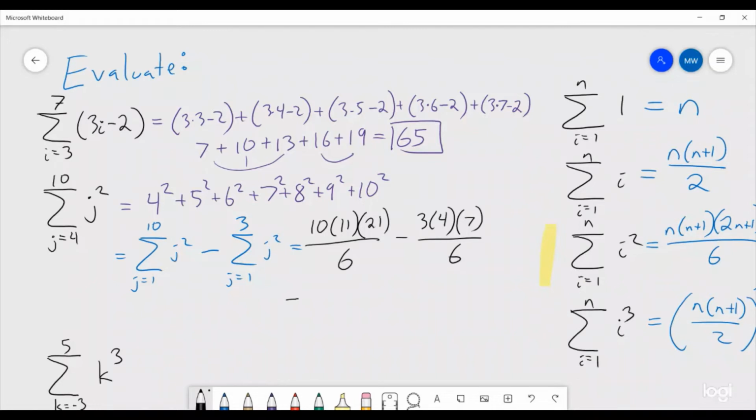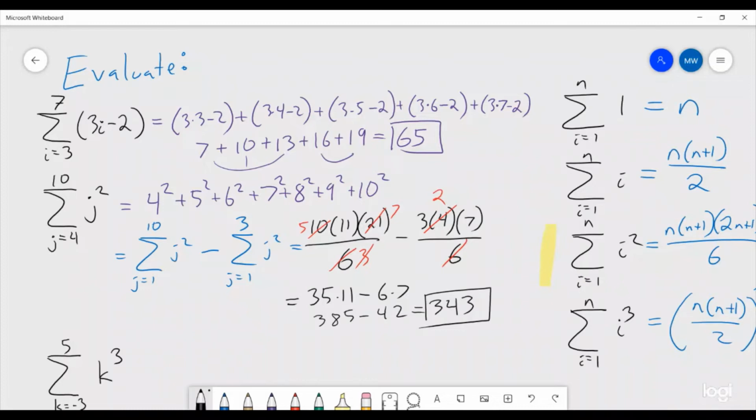So we add those up. So this time, that becomes 7, that becomes 2, okay. So we got 5 times 7 times 11. So we got 35 times 11 minus 6 times 7. 35 times 11, that's 385 minus 42. And that is all going to be 343. There's our answer.